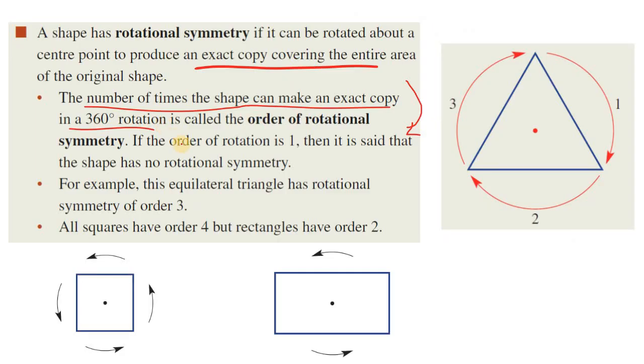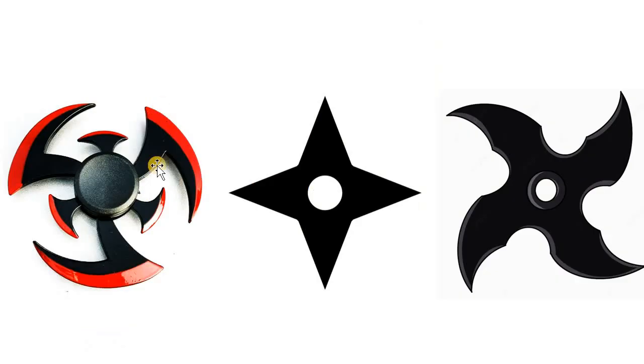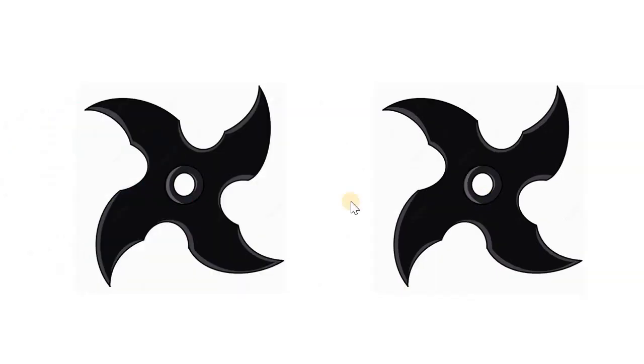See over here, if the order of rotation is 1, just as we have seen, then we simply say that the shape has no rotational symmetry. So with this in mind, let us start with the first set of examples, which are 3 shurikens. Now let me first show you this one.